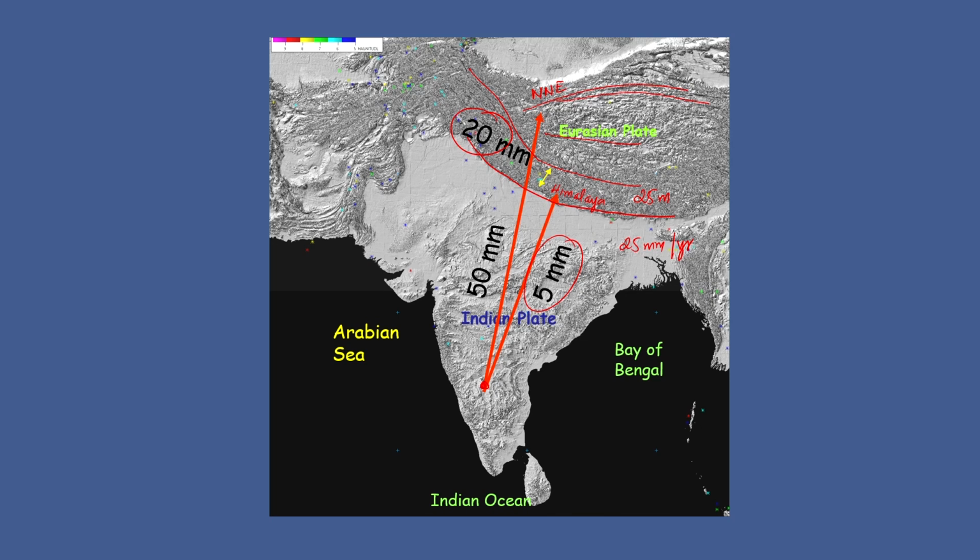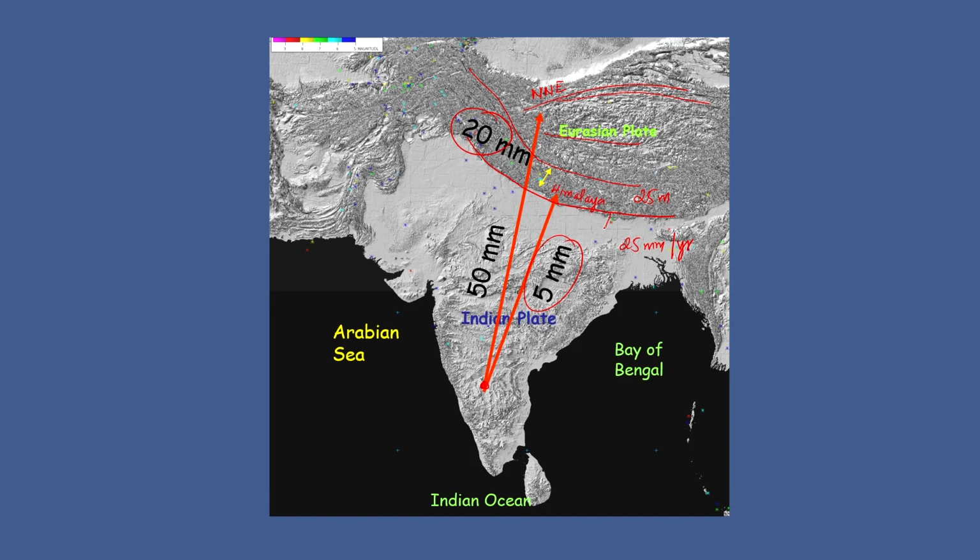They are the weak zones along which stored energy can be released suddenly and create earthquakes. This is a very important point to keep in mind at the beginning: out of 50, only 5 has been consumed by the Indian plate till the margin, or the plate margin, because this marks the plate margin.